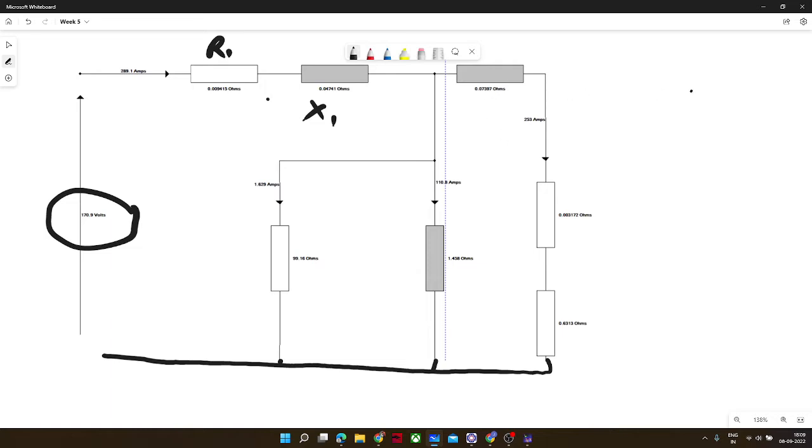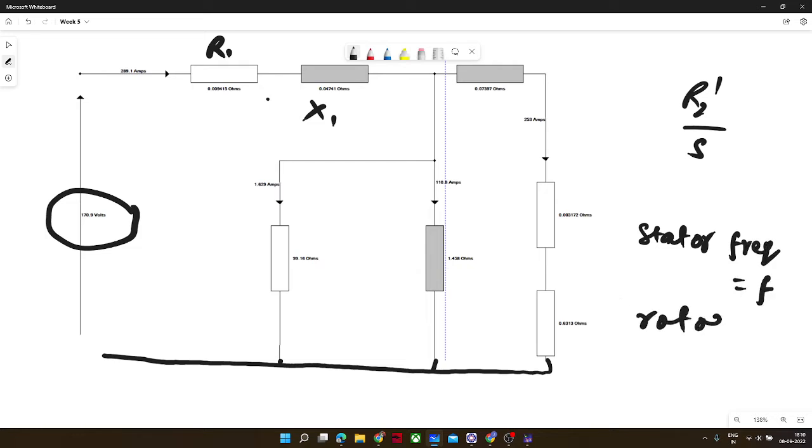And in the rotor, generally R2 dash by S is the equivalent resistance. Why do we divide by S to convert? We all know that rotor frequency will be S times the stator frequency. If the stator frequency is F, then rotor frequency would be S times F, where slip S is nothing but Ns minus Nr by Ns, right?